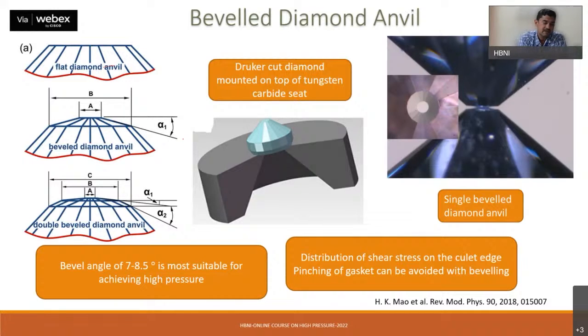Beveling means you have a large culet, but you give an angle to a small culet. So you have an angle between this small culet area and the bigger culet, A and B. Depending on this angle, people have optimized it to be around 7 to 8 degrees.